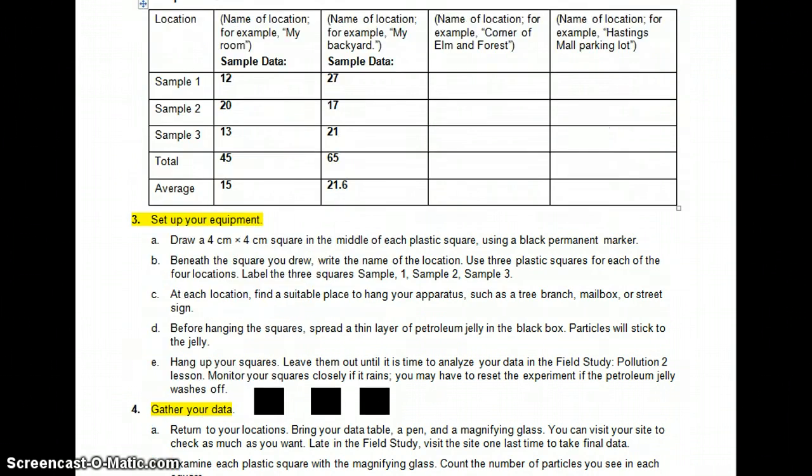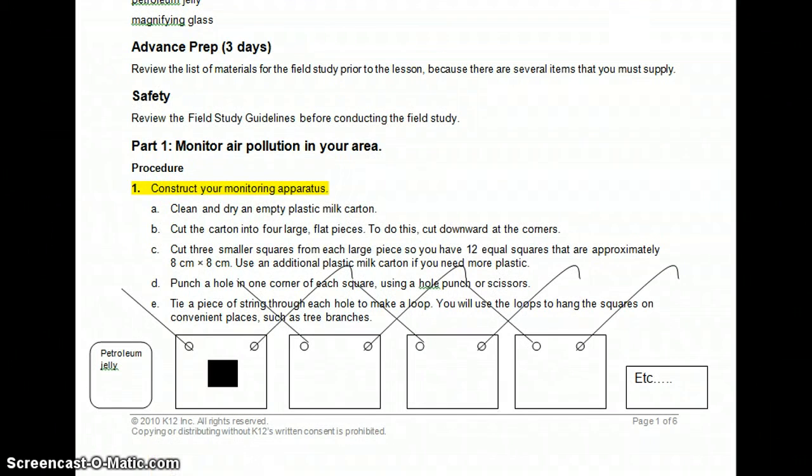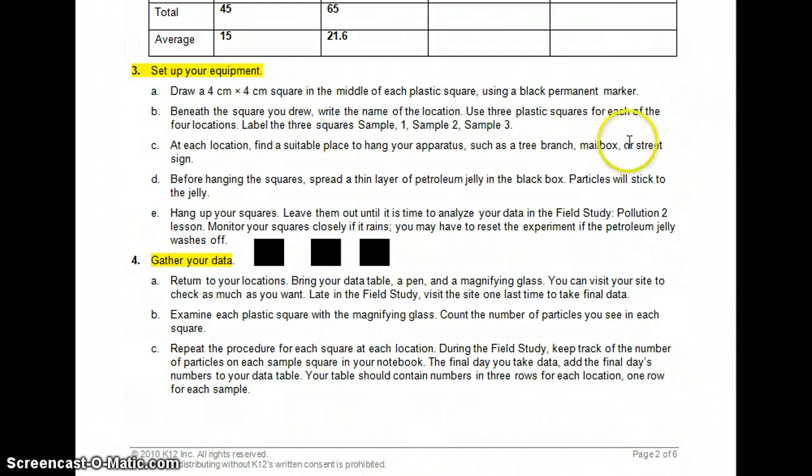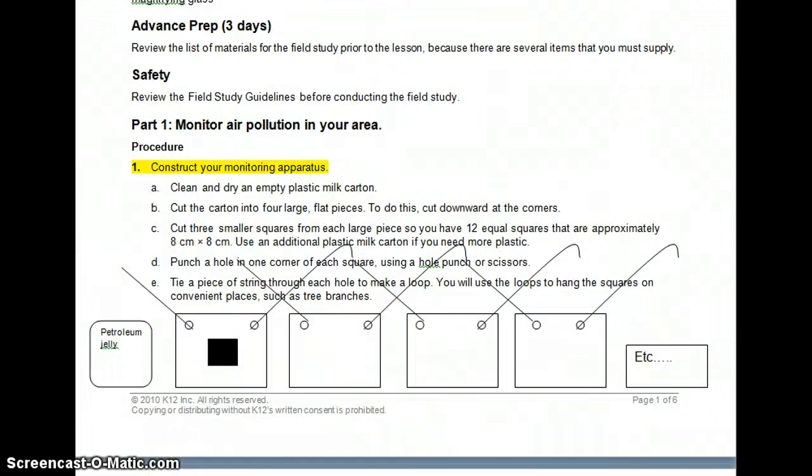You're going to take your black permanent marker and you're going to make a small square that measures 4 centimeters by 4 centimeters in the middle of each of your original plastic squares, and that's what this is representing.